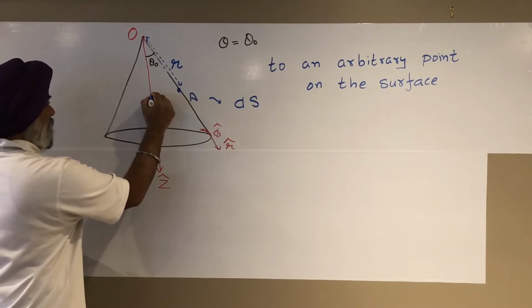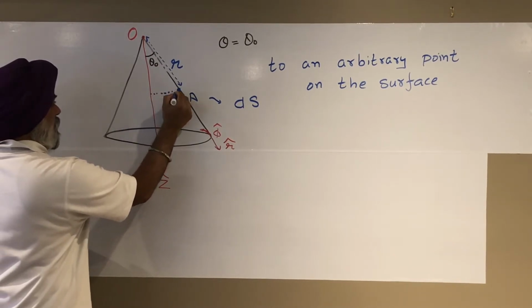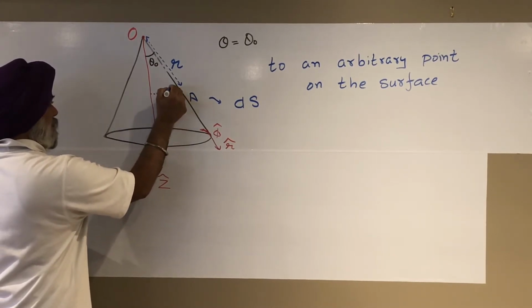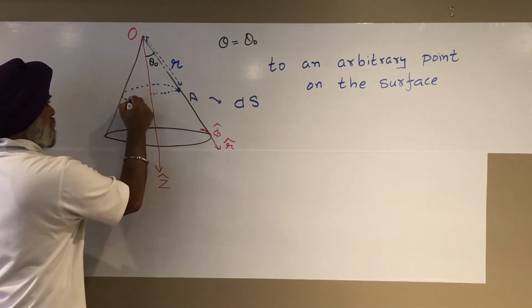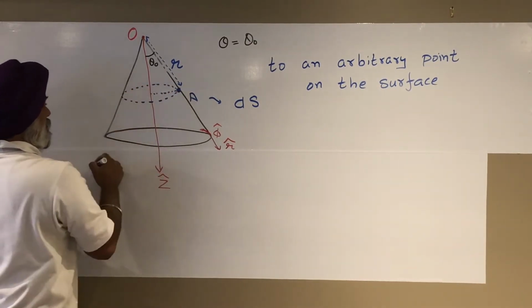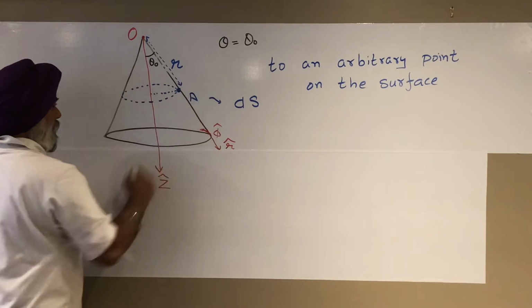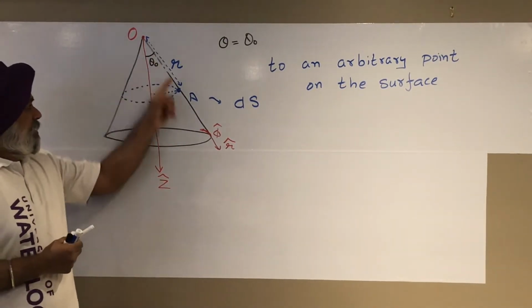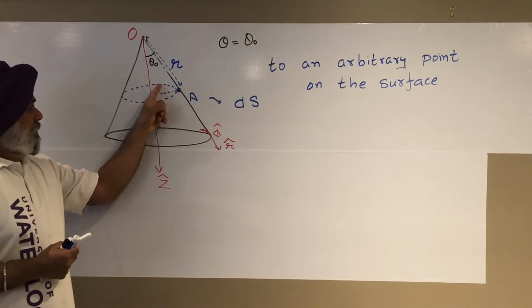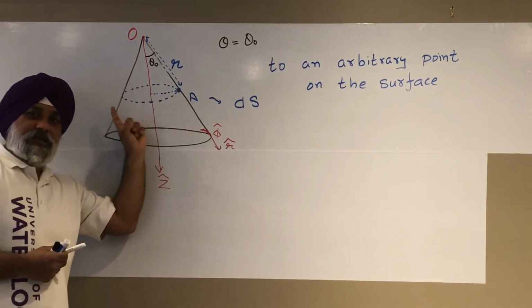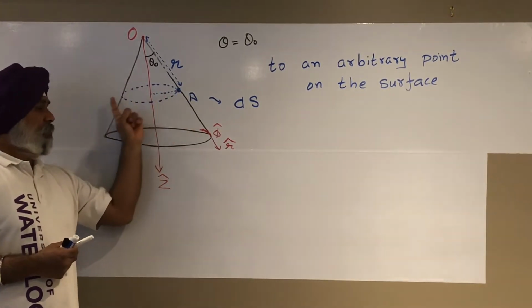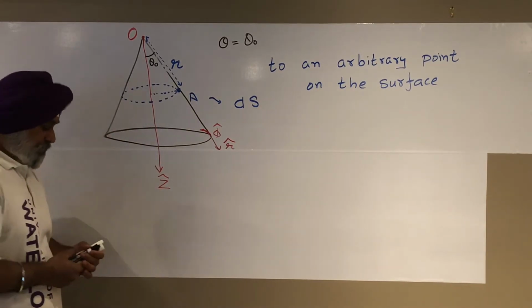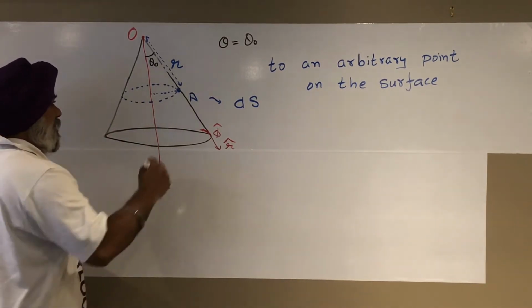What is the phi hat vector doing? It's taking this and rotating it so that I make the circle. So effectively, by vector r, I go to this point, and by vector phi hat, I make the base of that small cone which I have created there. What would my differential element be?